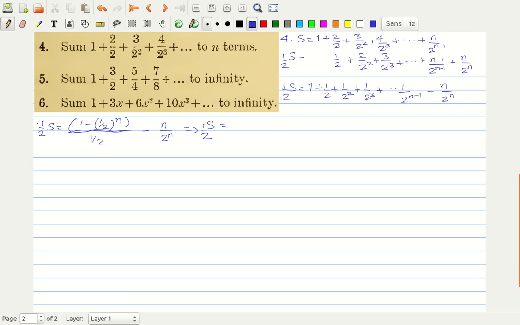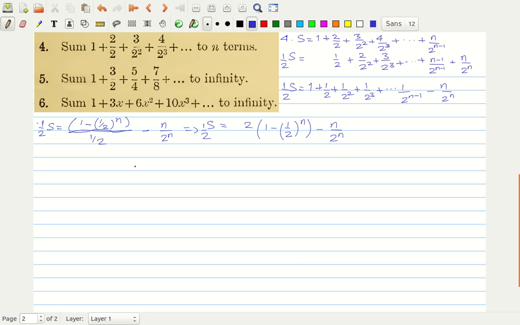Let's write 1 by 2 s is equal to, let us simplify this first. So this is 2 times 1 minus 1 by 2 to the power n minus n divided by 2 to the power n.